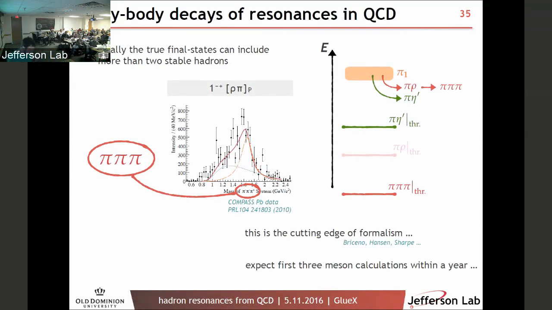The approach to turn the finite volume spectrum that we compute in lattice calculations into 3-body amplitudes is right at the cutting edge. That's the limit of what we know. And that's being worked on actively as we speak.